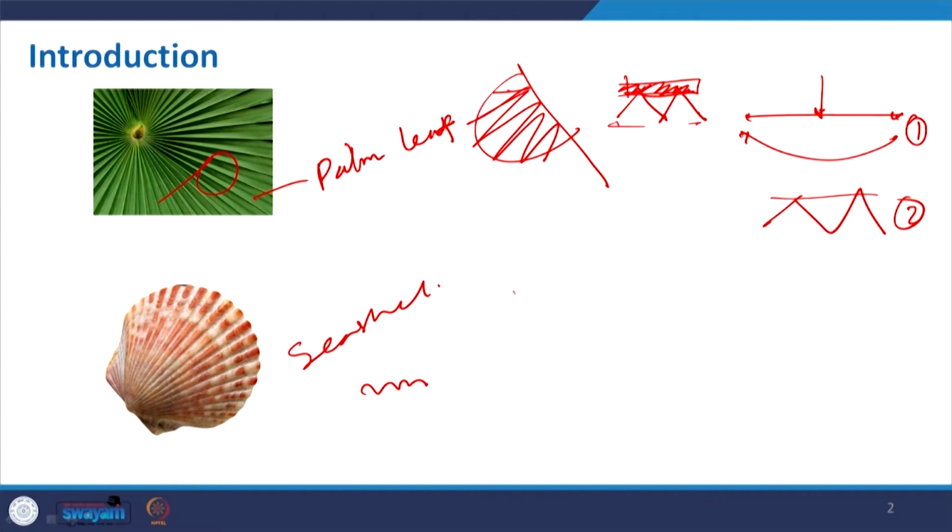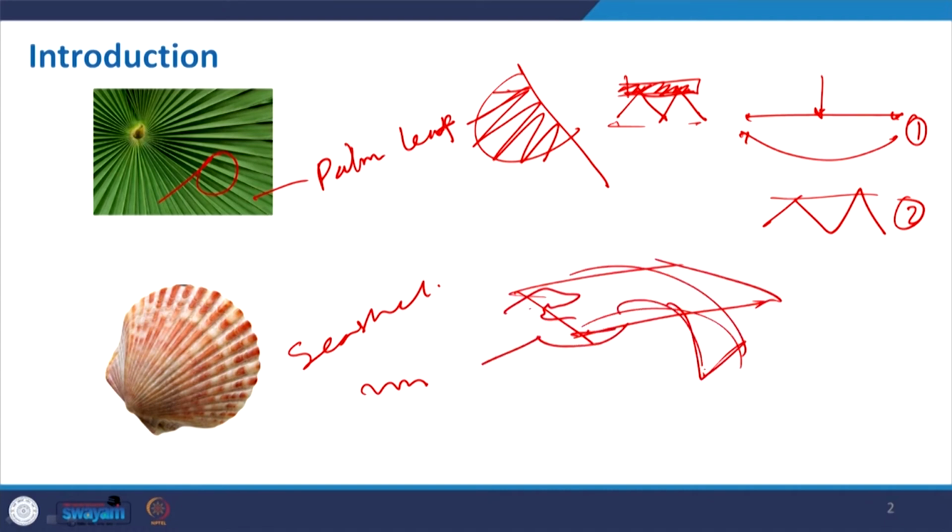In case of a single piece of paper, if you try to hold it, it will try to bend. You cannot really hold it like this, but if you make a fold and hold it again, it can have the capacity to take the load.